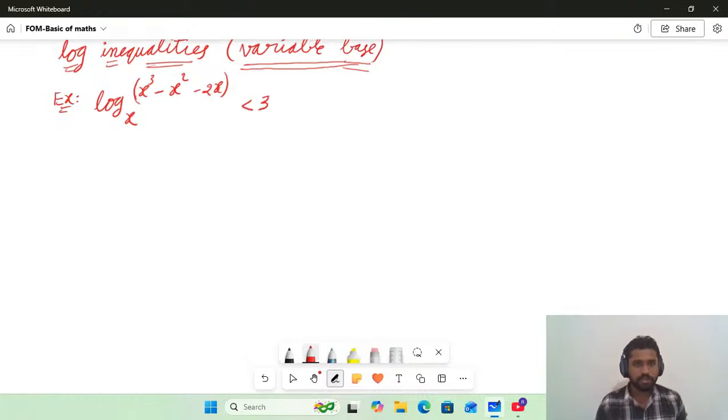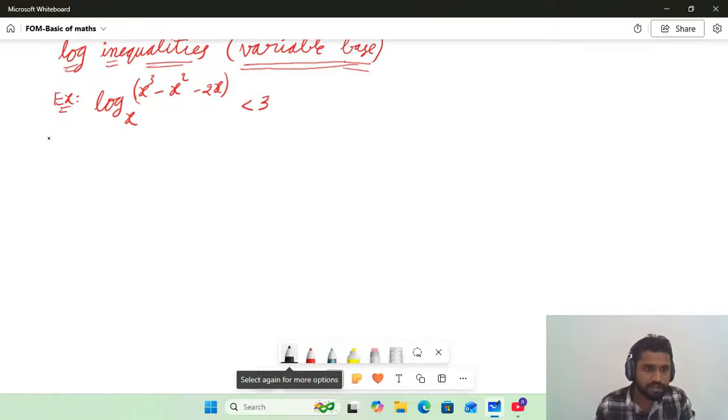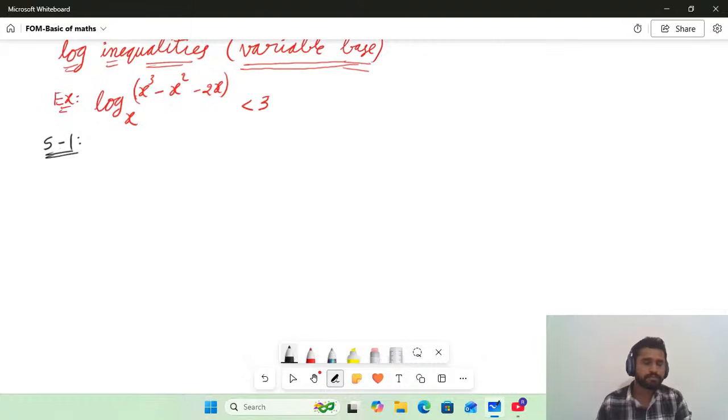Step 1 is to solve the inequality. In step 1 itself we will have two cases.